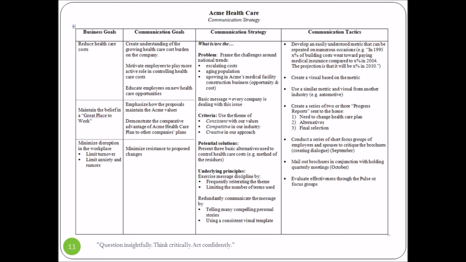What emerged from that was our basic message. And the basic message in the third column in the communication strategy was that every company is dealing with this issue. In other words, this is not unique, dealing with healthcare changes. It's a universal challenge that companies are facing, but we can address it by showing that we're consistent with our core values, we're competitive, and we're creative in our approach.